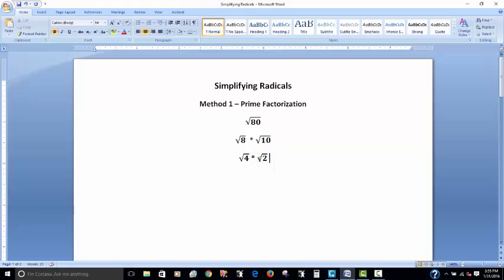All right. So that's radical 8, and then radical 10, I could break that down as radical 2 times radical 5.